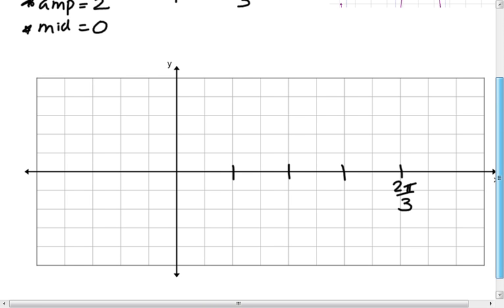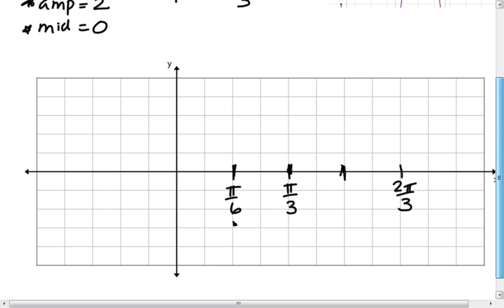If I take half of 2 pi over 3, I will get 2 pi over 6, and 2 pi over 6 reduces to 1 pi over 3. If I take half of that, I double the bottom number, I get 1 pi over 6. Or if you wanted to take 1/4 of 2 pi over 3 to get this spot right here, that works for you too. And then I'm going to count. This is 1 pi over 6, 2 pi over 6, 3 pi over 6.